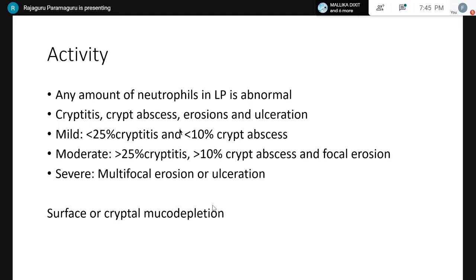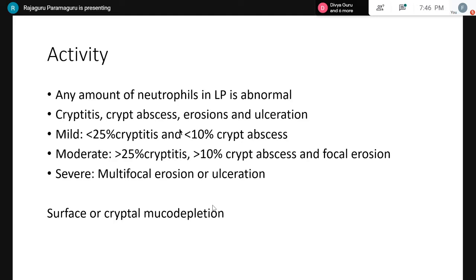This is mainly of importance when it comes to follow-up biopsies, like when a patient is treated for ulcerative colitis and a repeat biopsy after treatment is performed, and to demonstrate deep remission, that is histological remission, they ask for activity. When you do not find any neutrophils at all, you can just say it is a quiescent phase of ulcerative colitis.